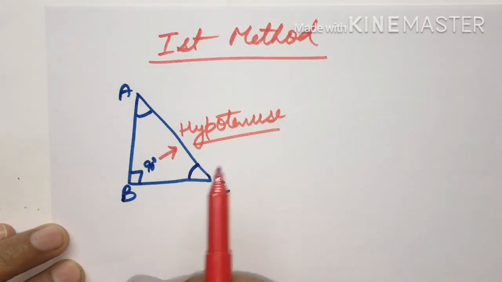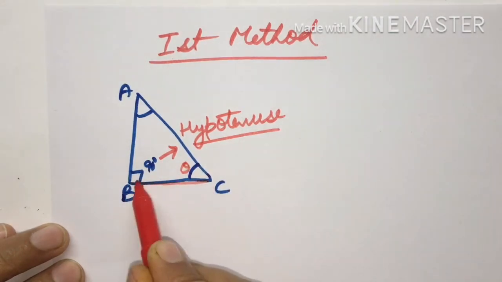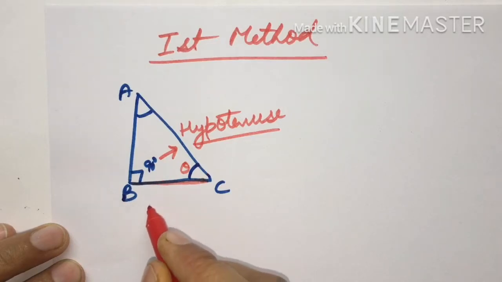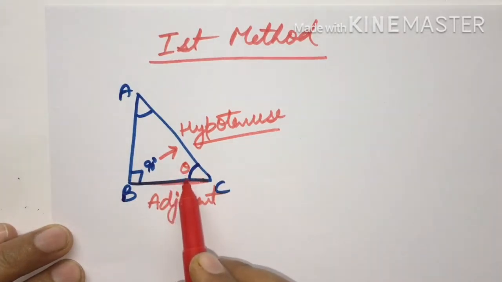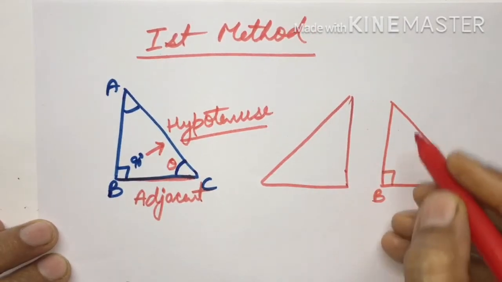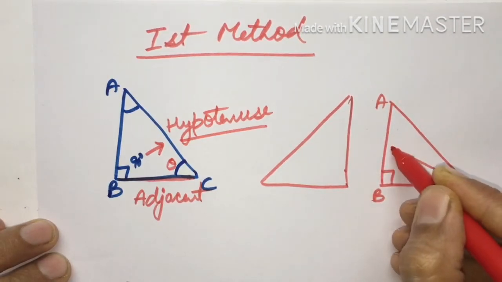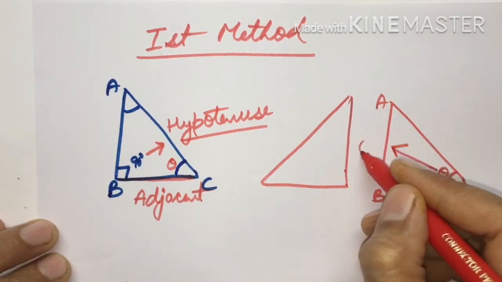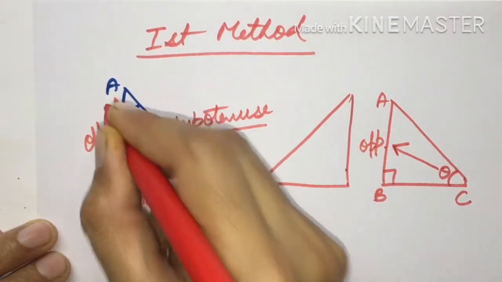Then which side is the adjacent side? The adjacent side is right next to the reference angle. Means if I am taking this angle C as theta, this side will be the adjacent side, and the side opposite to angle theta is the opposite side.